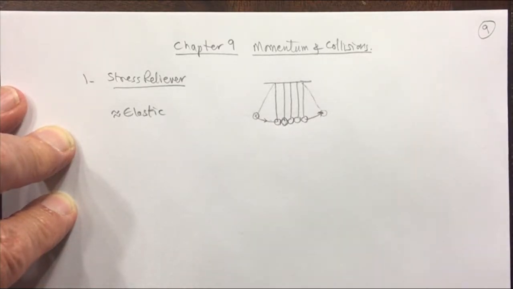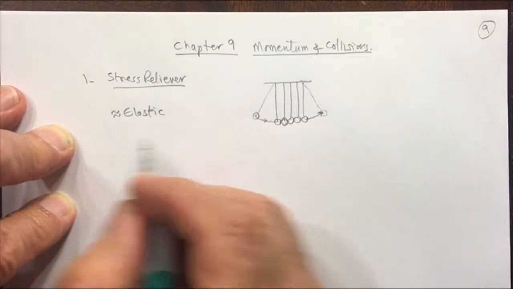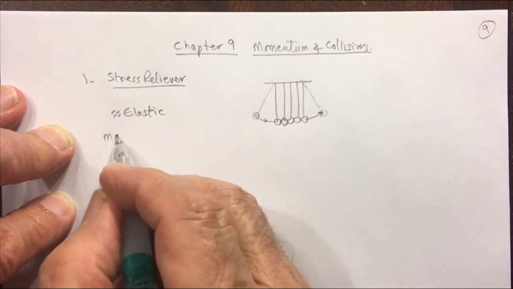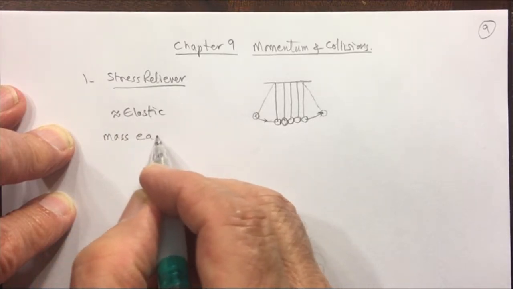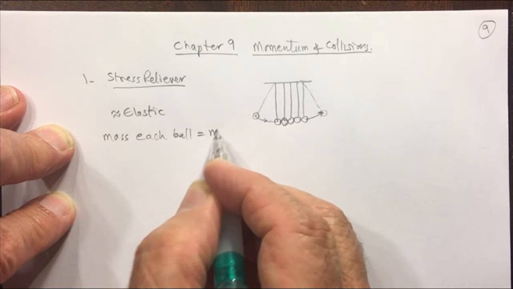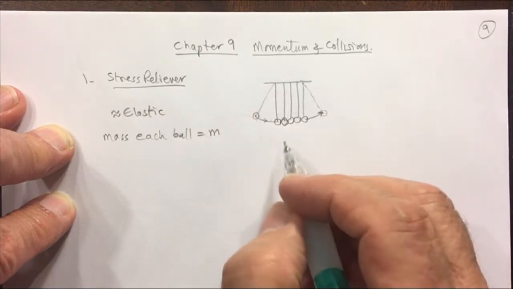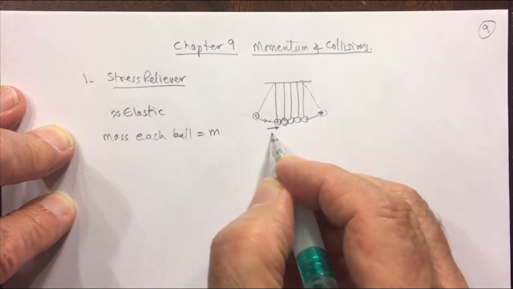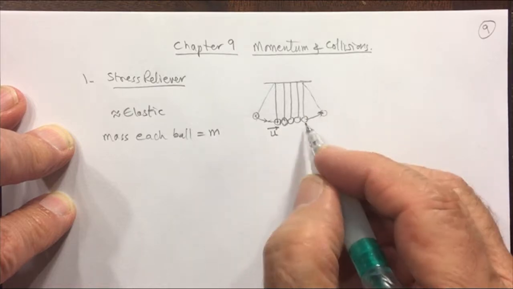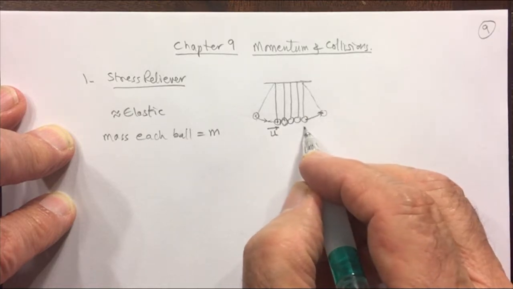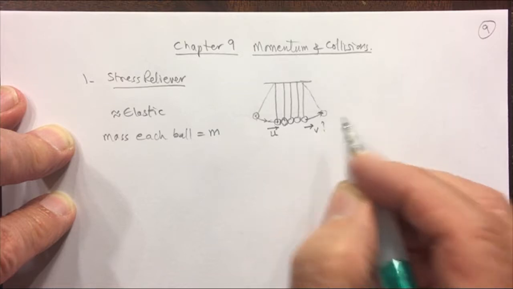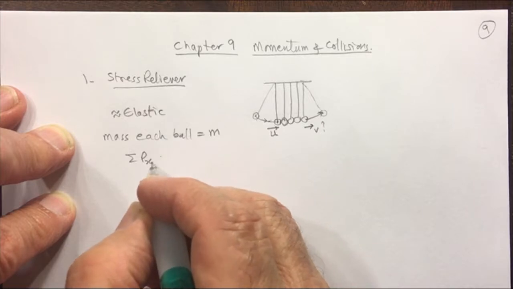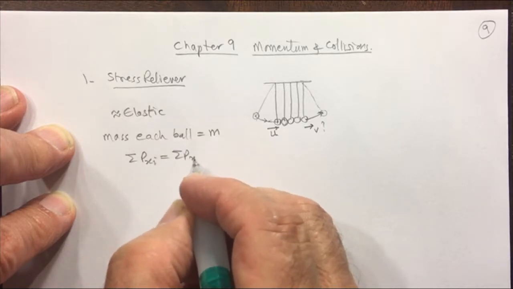Now if we apply the momentum conservation equations for this condition, and we assume that the mass of each ball is m, and we can call them m1, m2, m3, and so on, and it hits here with the velocity u, what is the speed with which this one leaves off? We apply that the sum of the momenta in the x direction initial is the sum of the momenta in the x direction final.